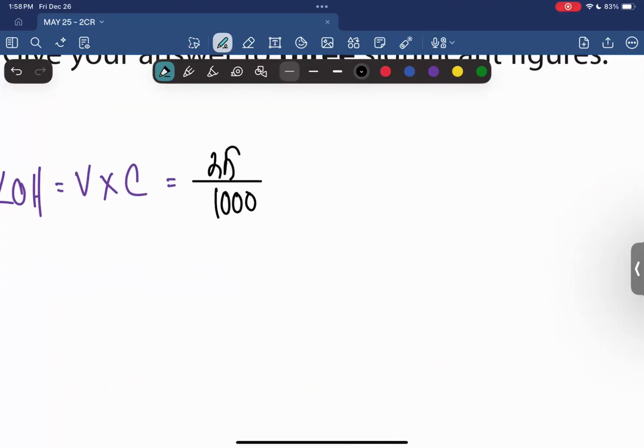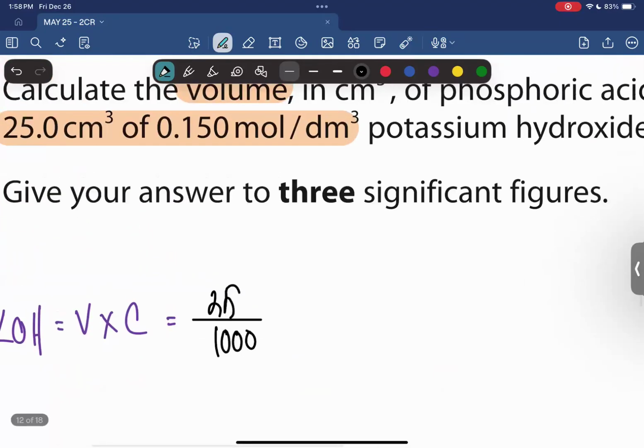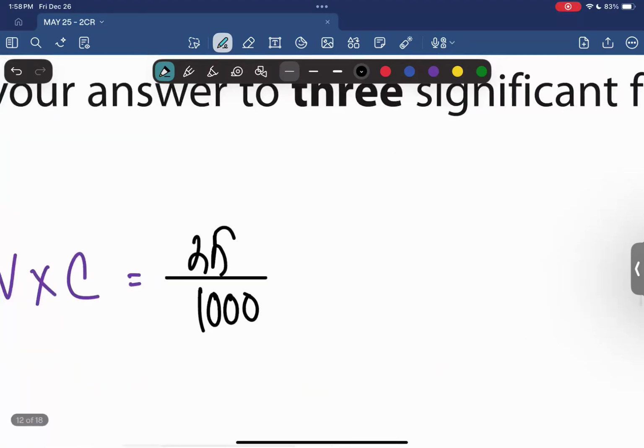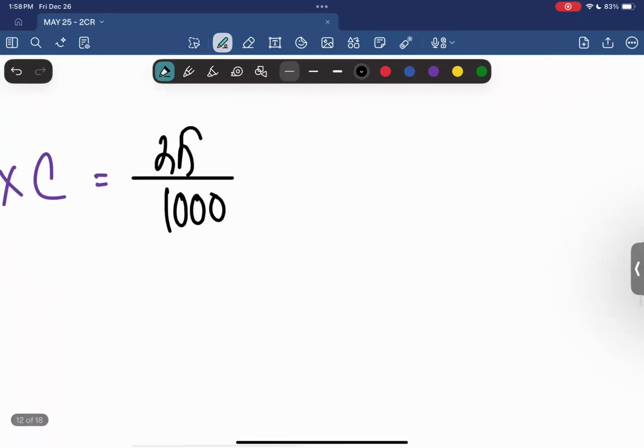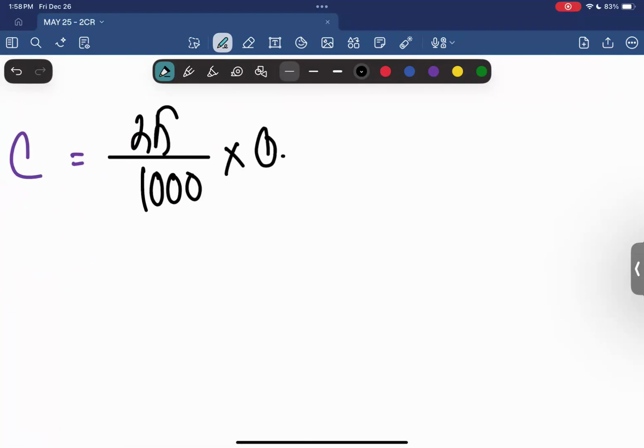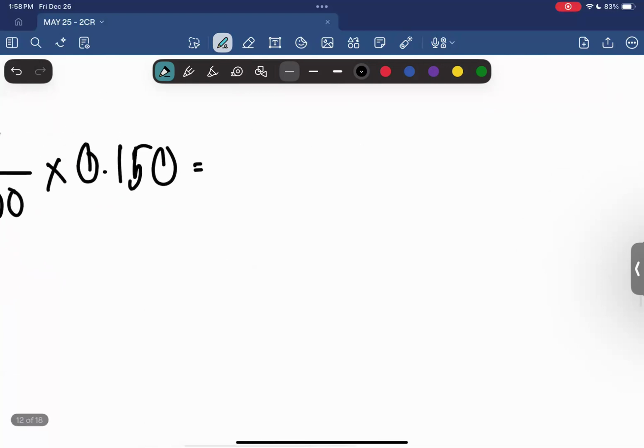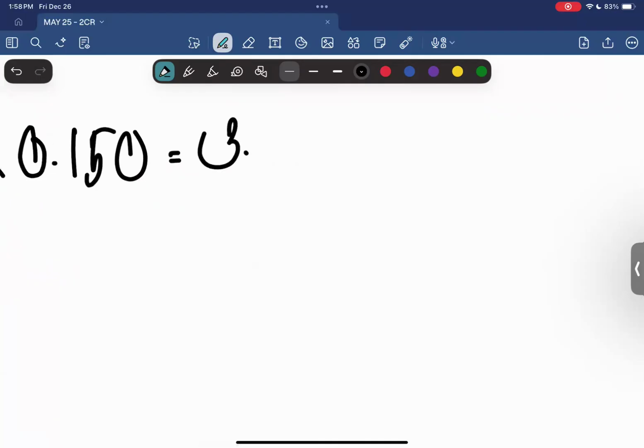Now why are we doing this? Because our concentration is in mole per dm cube. So you have to ensure that the units are the same. Times 0.150. Right? So this is coming as 3.75 into 10 to the power minus 3 mole.